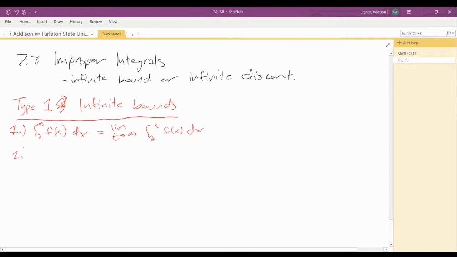Case 2 is very similar to case 1, except instead your bounds are from negative infinity to some number b. But you still treat it the same way, where you substitute that negative infinity in for t.